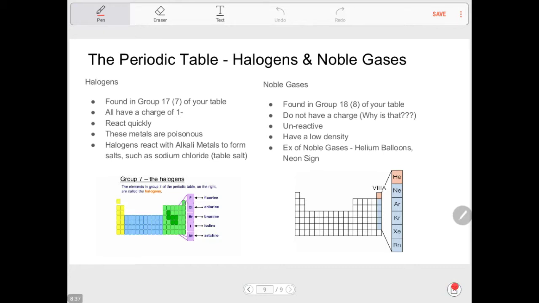We'll figure out why. Noble gases all the way to the right. They are group 18. They have no charge and they're unreactive. And guess what? The 288 rule will tell us why. You are familiar with this actually in your day-to-day life. Helium balloons. You've used helium before. Neon signs, like an open sign.